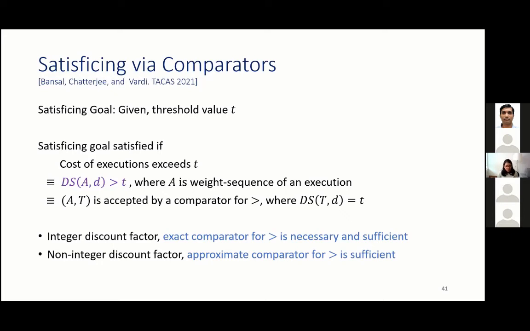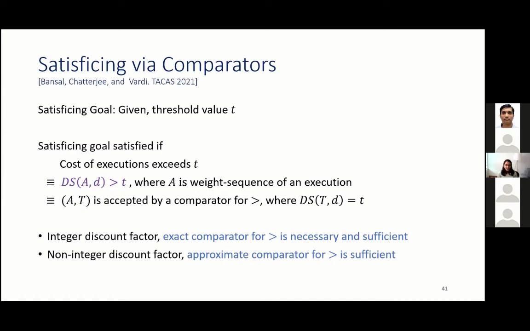If the number t is represented by the weight sequence capital T, then all I'm asking is whether the tuple (A, T) is accepted by a comparator with the relation greater than or equal to. When the discount factor is an integer, this condition is exactly captured by the exact comparator. When the discount factor is not an integer, the comparator presents a sufficient condition for the satisficing goal to hold.